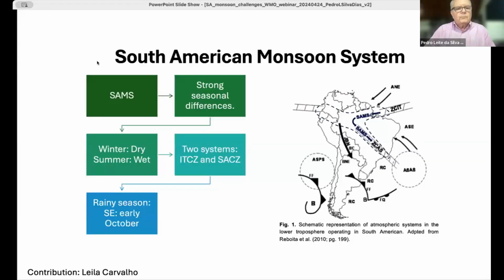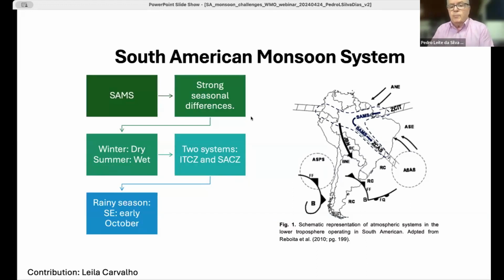Let me go over this theme. For a start, here is a general description of the South American monsoon system, but I can go pretty quickly with that because it has been already described by Alicia.